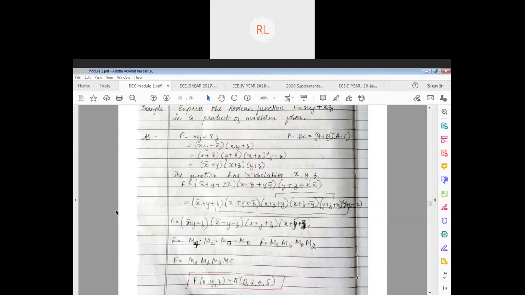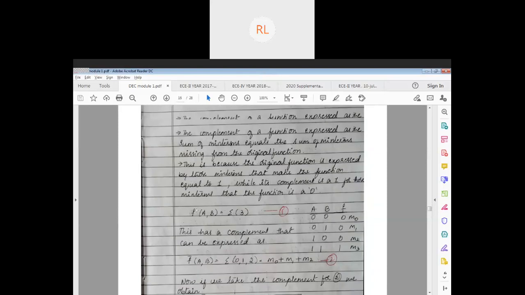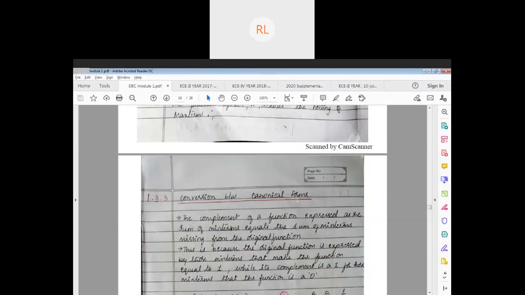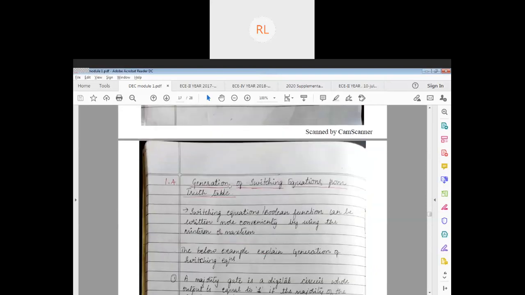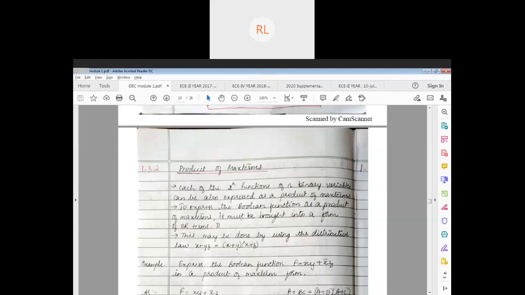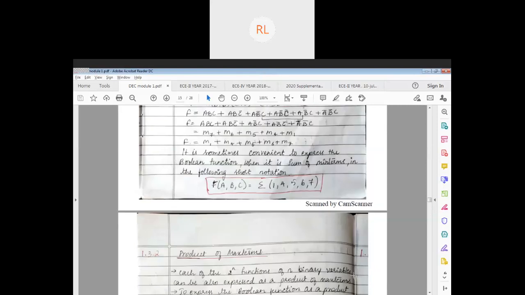It's going to be easy for you to understand when I represent it. And in tomorrow's class, we will also try to do a conversion between canonical forms. So what are these conversions? Minterms we will convert to maxterms, and maxterms to minterms. I have a few problems ready for you all, so that we will see how to get things done.